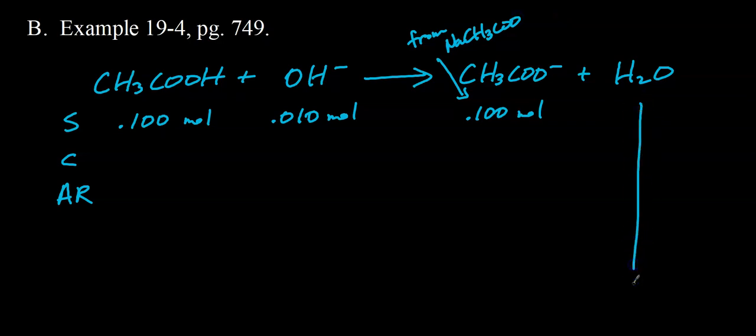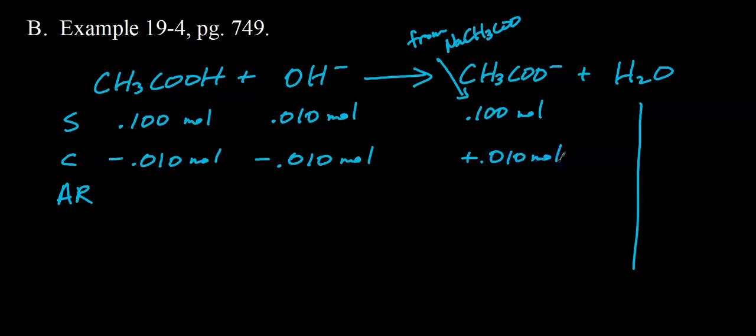All right, notice anything here about the quantities? So at this point during the reaction, the hydroxide is the limiting reactant. How much of the limiting reactant reacts? That's right, all of it. So how much acetic acid reacts? 0.010 moles. And how much more acetate is produced? 0.010 moles.